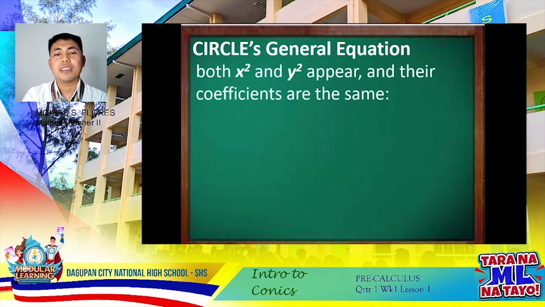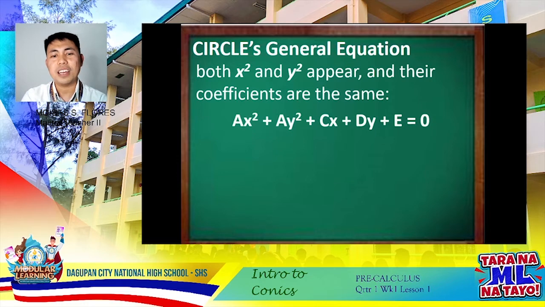Let's proceed with the next property, which is the general equation of a circle. In the general equation of a circle, both variables x and y appear in the second degree, and the numerical coefficients are the same. Take a look at the formula: ax squared plus ay squared plus cx plus dy plus e equals 0.